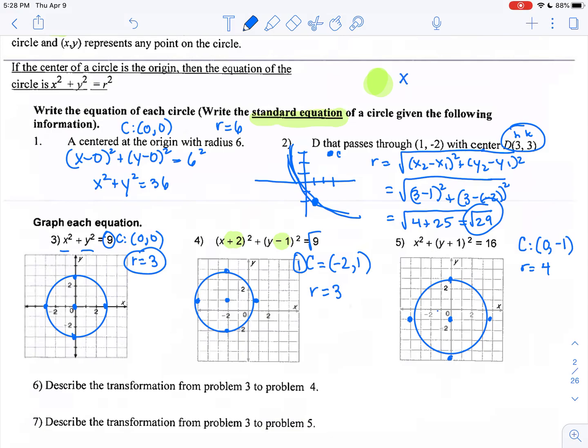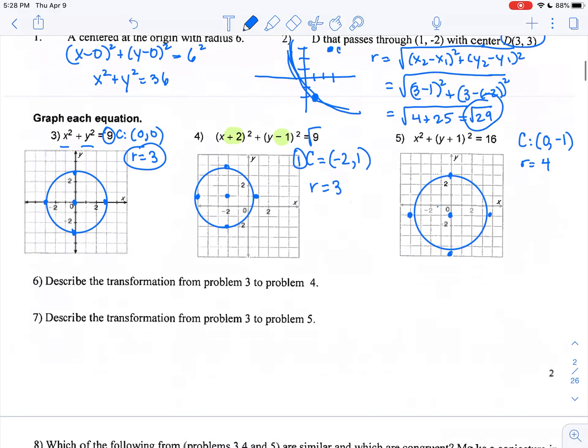So (x - 3)² + (y - 3)². I get those values from my (h, k), and r equals radical 29. What did I forget? That's squared, right? So my final answer: (x - 3)² + (y - 3)² = 29.